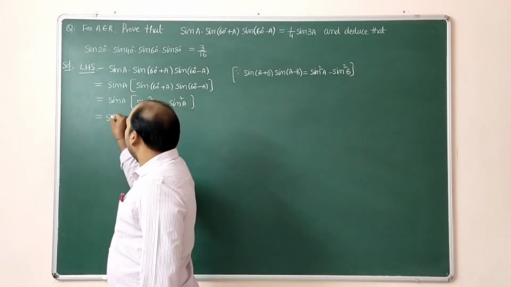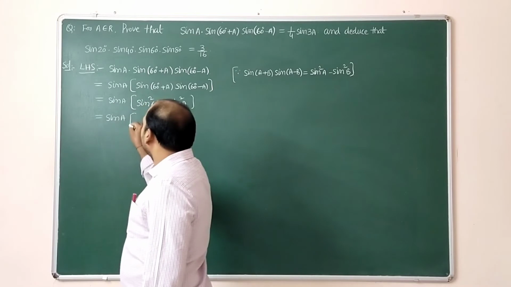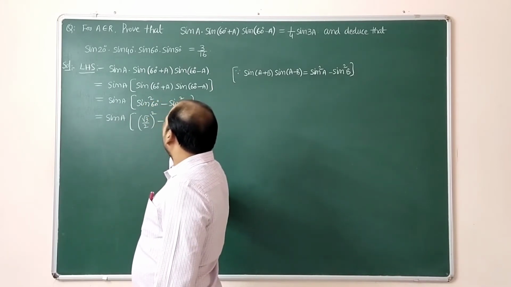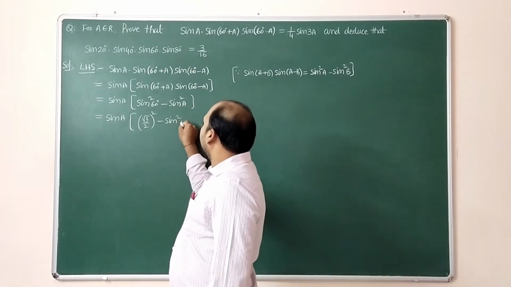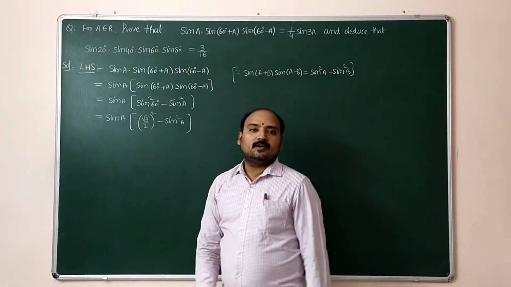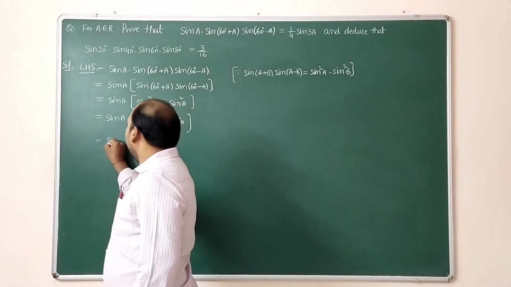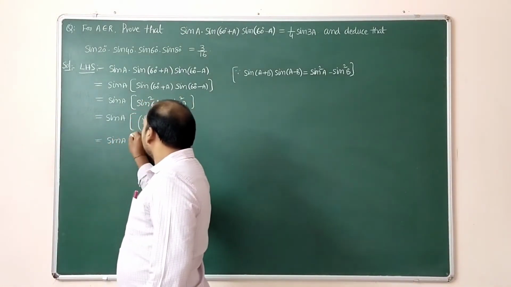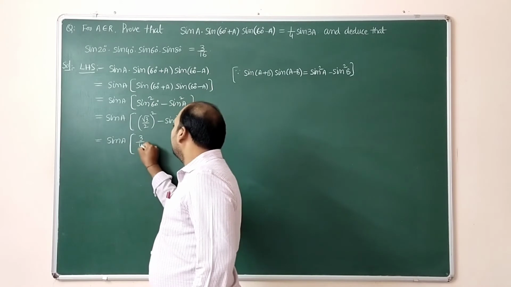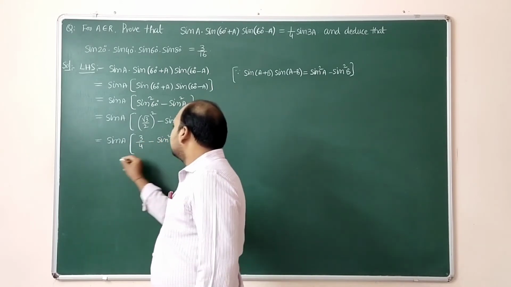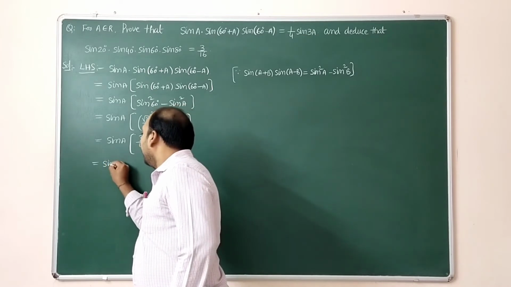So sin A into (root 3 by 2) whole square minus sin square A. Root 3 by 2 whole square means 3 by 4 only, no? So sin A into (3 by 4 minus sin square A). Now take LCM and simplify.